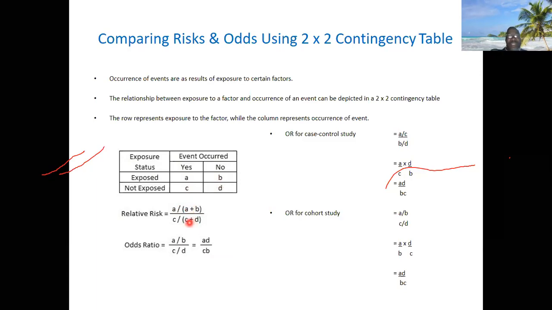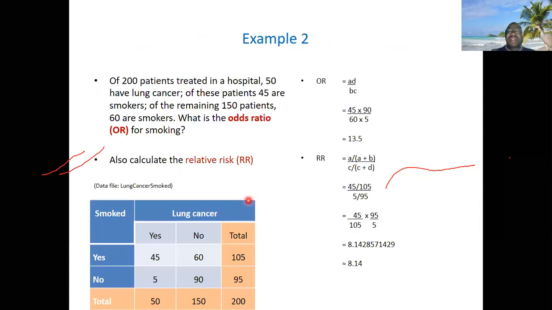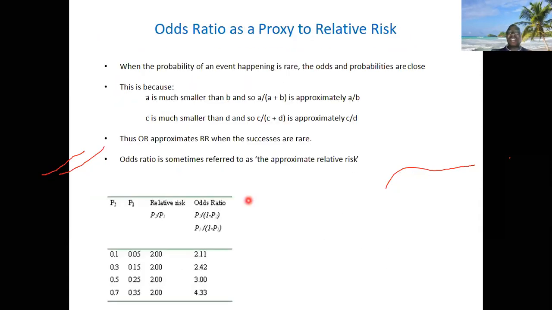The same thing with this one. C will be small compared with D. D will contribute almost everything. In that situation, you can rewrite the equation and say, since A is negligible compared with B, you just say A all over B. This one will be C all over D. And when you put A over B divided by C over D, it will change to AD over BC.